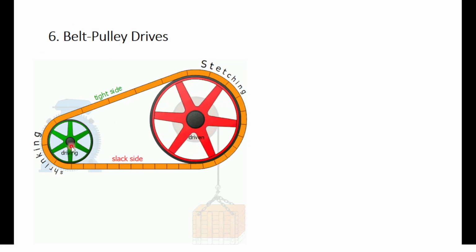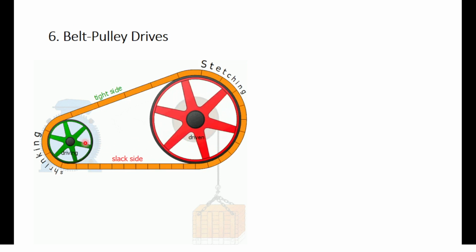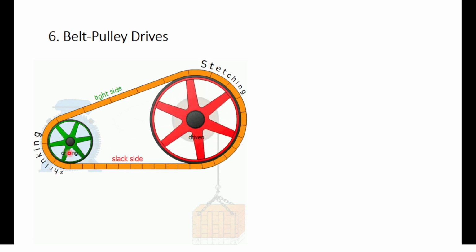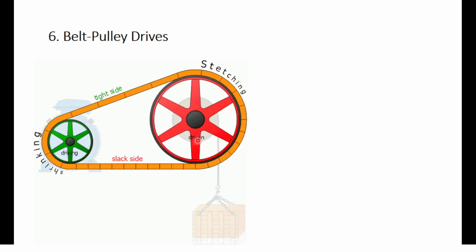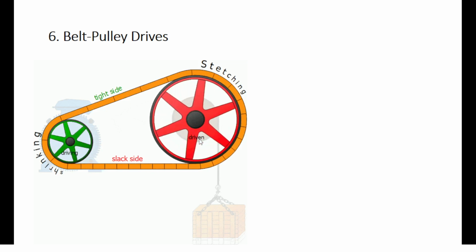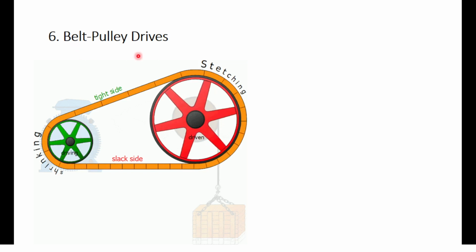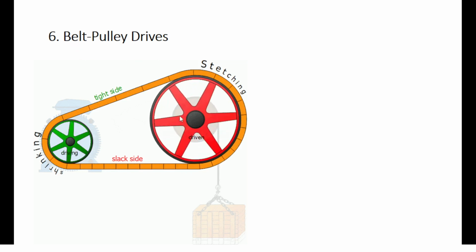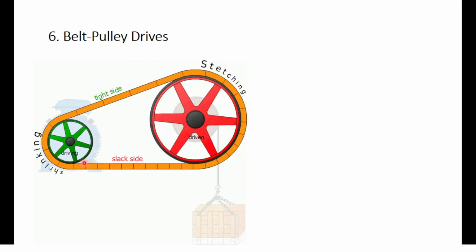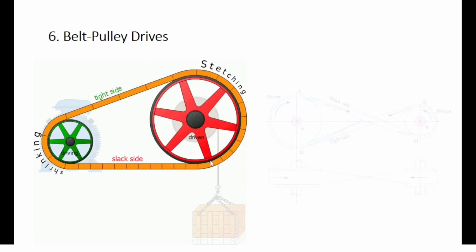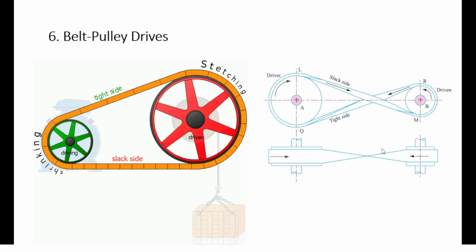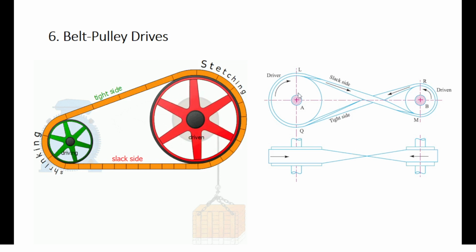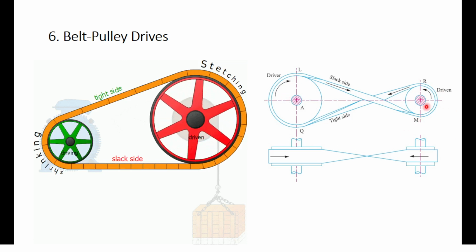Just imagine we have to transmit the torque from this driving to driven pulley at a distance of, let's say, 2 meters. Then these belt pulley drives are used. This is an open belt drive, and I am going to show you a cross belt drive. This is the driver and this is the driven one.